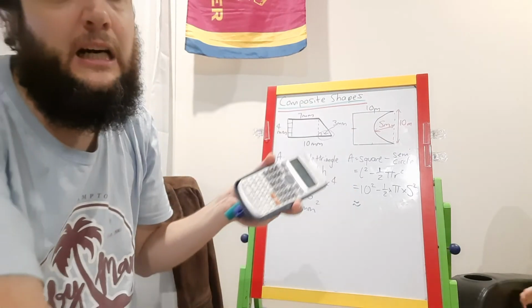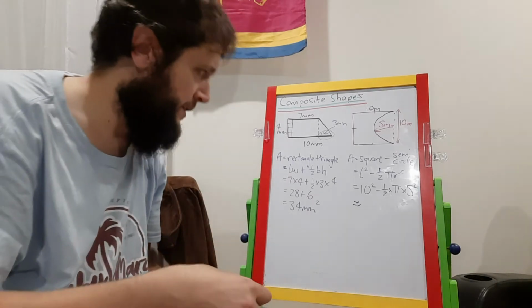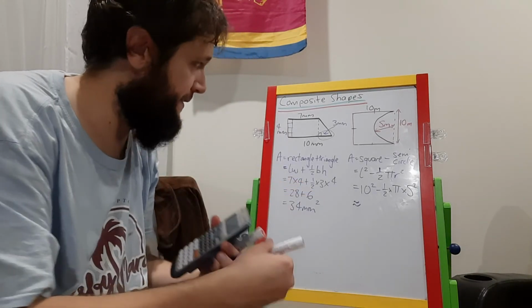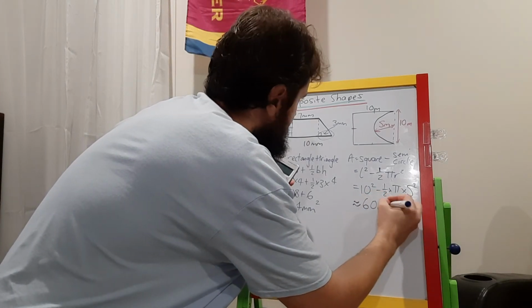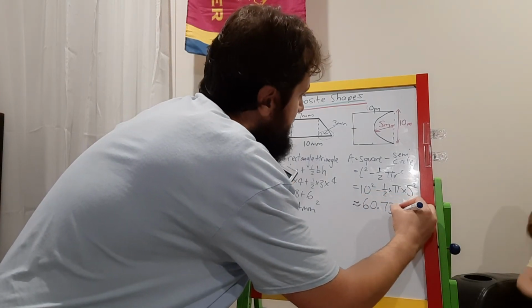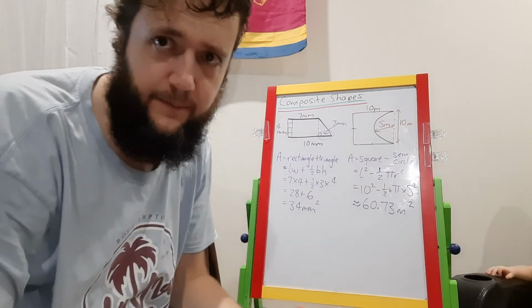Remember again, a half I could also put in as 0.5 because it's the same as a half. To the second decimal place, you get 60.73. It was all in meters, so in area terms it will be meters squared.